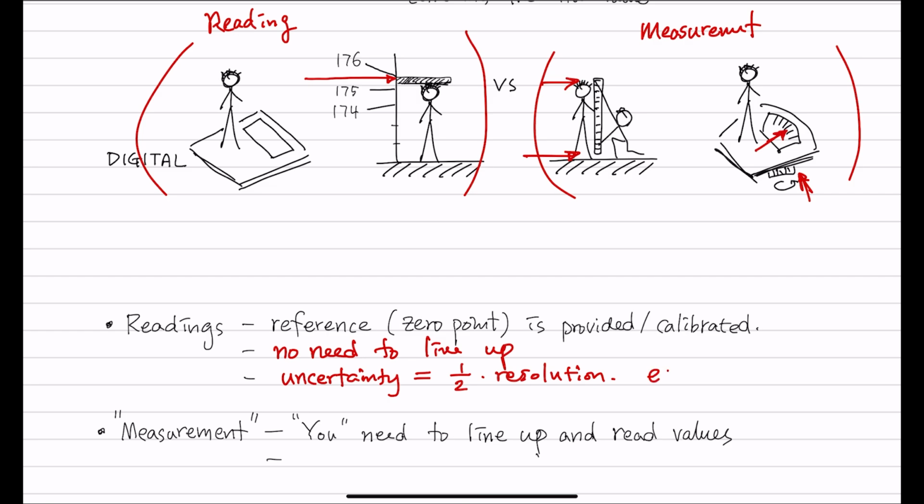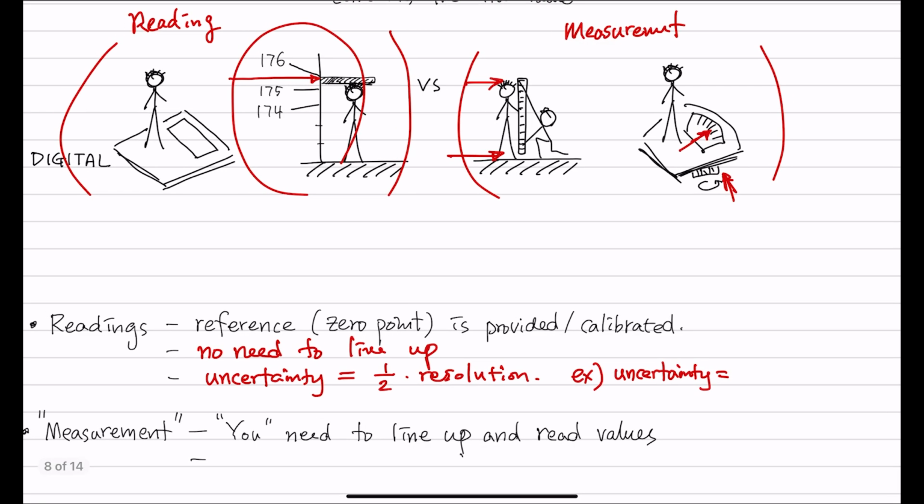So for example, here the uncertainty is 1/2 of a centimeter. Well, these were all in centimeters. So for your measurement, the minimum resolution we have is 1 centimeter here. So that was the resolution, and half of that is going to be the uncertainty for this case.